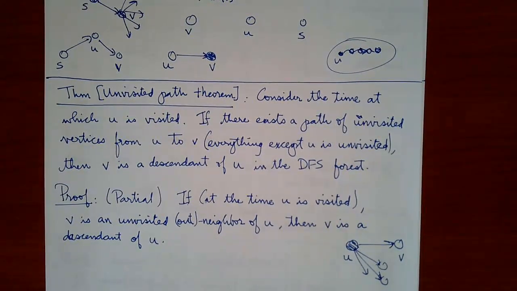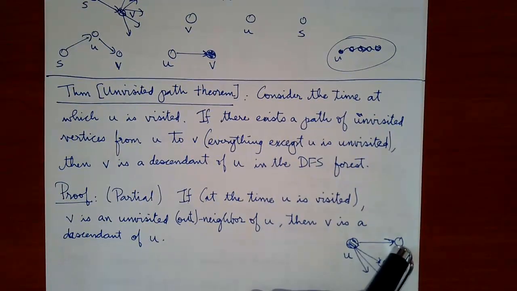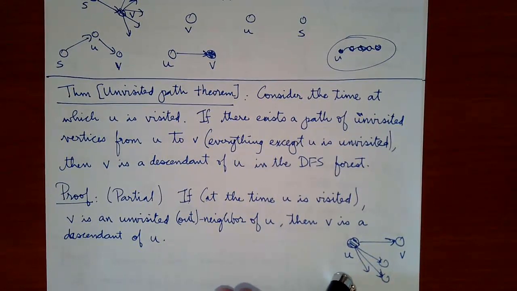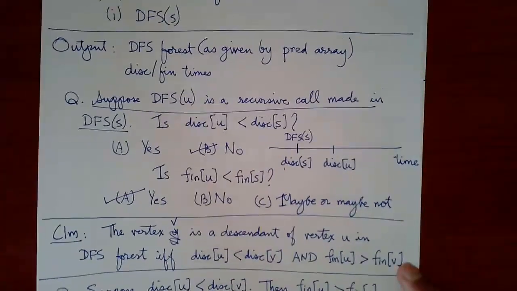If you go through another neighbor first, it's still a descendant. If you actually discover V before you finish U, then it's a descendant.